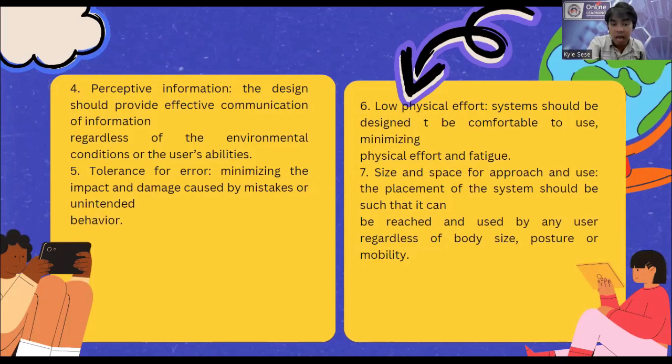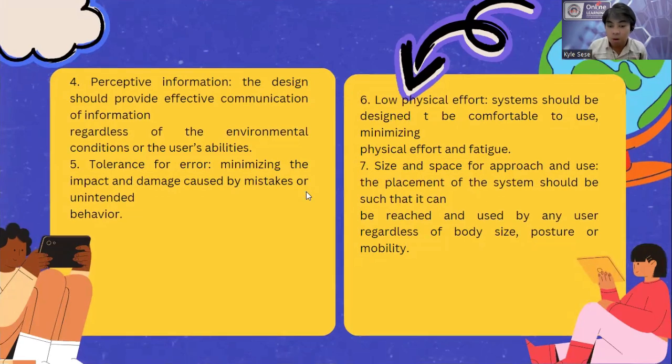Seven is size and space for approach and use. The placement of the system should be such that it can be reached and used by any user regardless of body size, posture, and mobility.